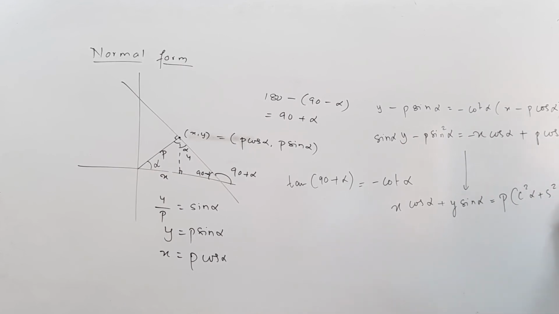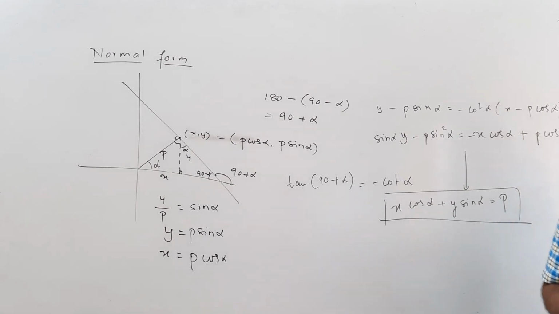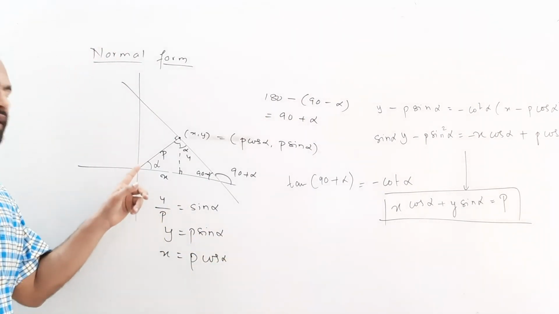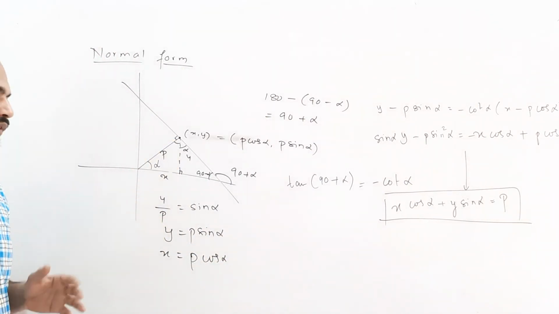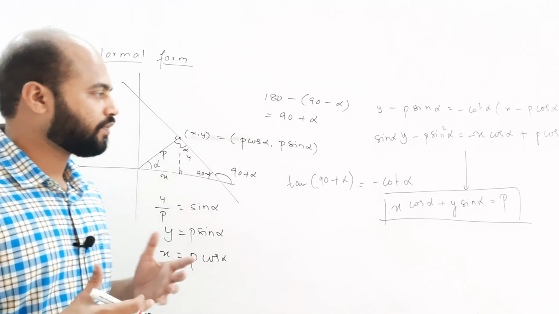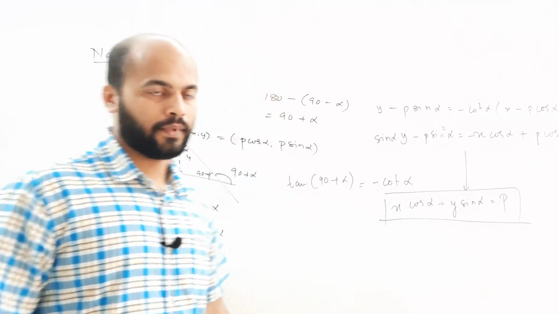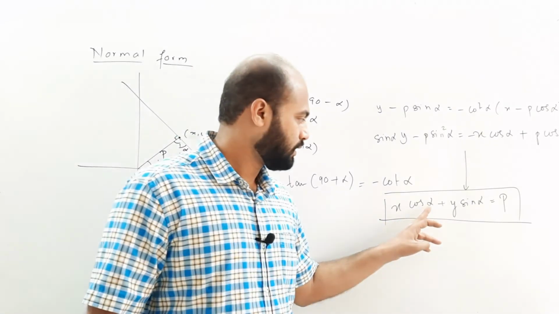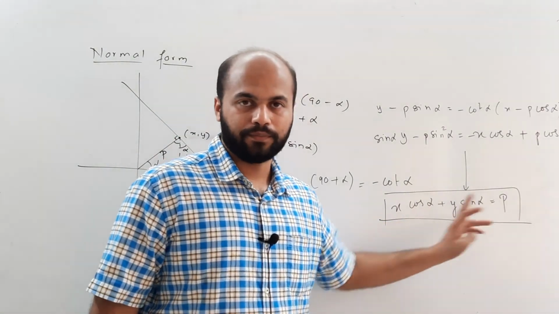So when we eliminate this, we'll get the equation of the line. This is called the normal form of the line, wherein this angle alpha is given to us and this distance p is given to us. If we know these two things, then for sure we can write the equation of this line, because the only two parameters in this line are this angle alpha and this p.